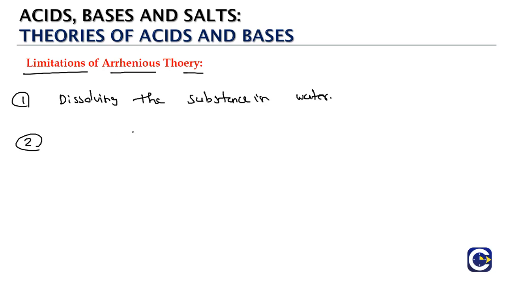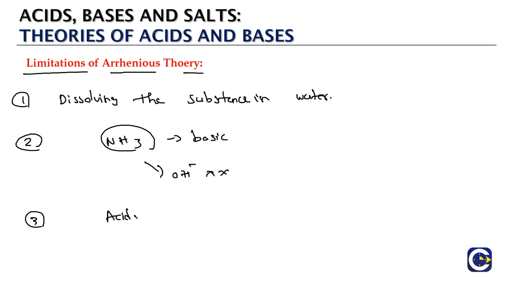Like if you look at ammonia, it has a basic nature. Its formula is NH3. It cannot give OH minus ions, because the definition is that the base should be able to give us OH minus ions. And there are acids which do not give H plus ions.